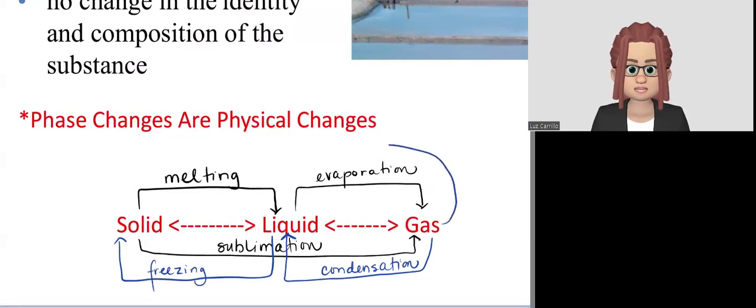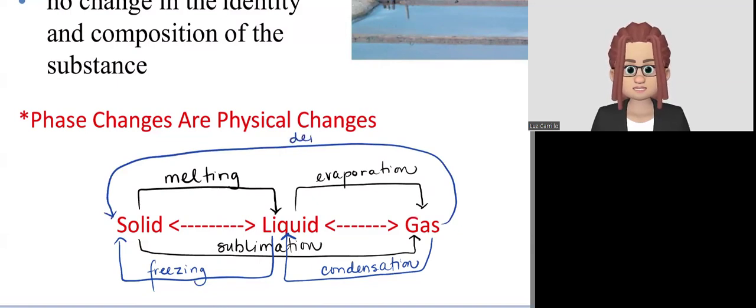A gas can go all the way to a solid by the process of deposition. Make sure that you're familiar with this terminology for the changes that can happen between the phases that matter has.